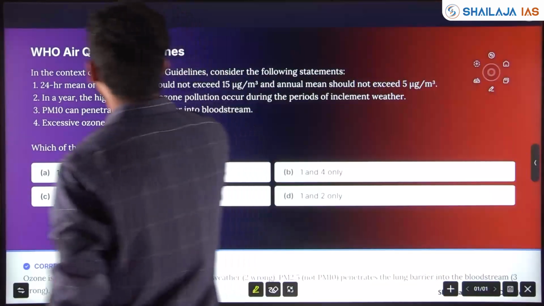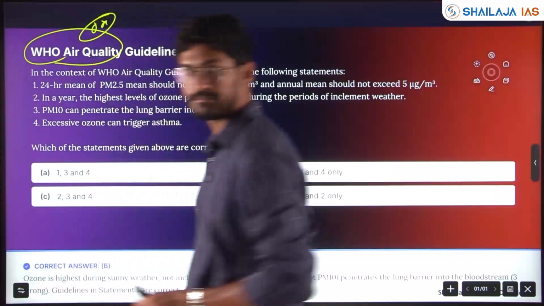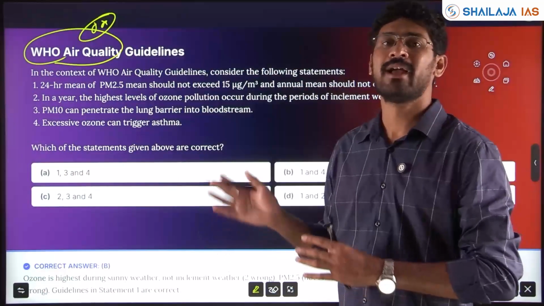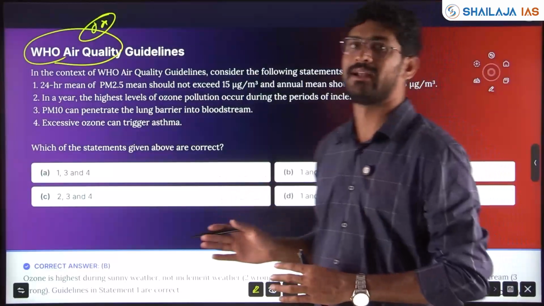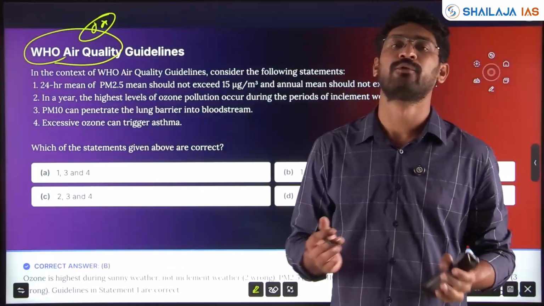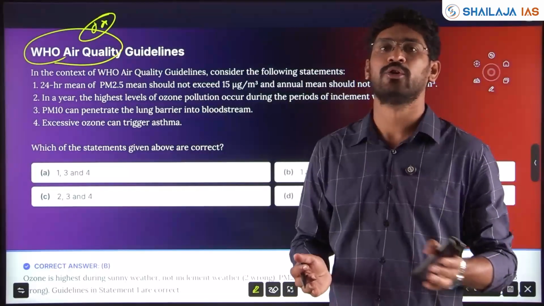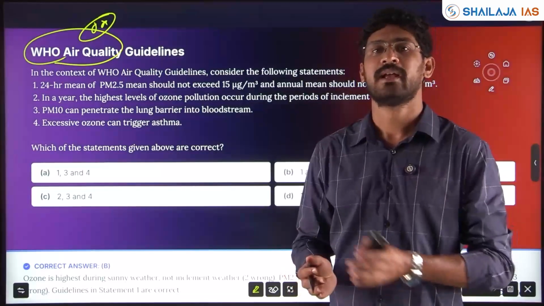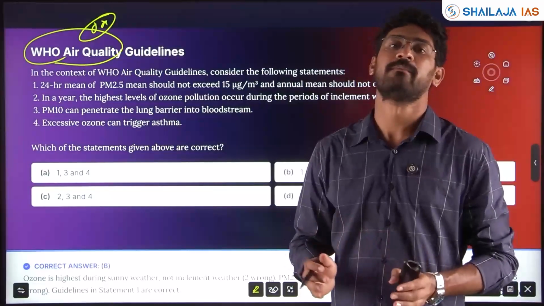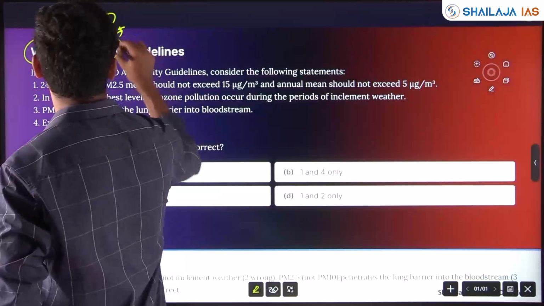Next, WHO air quality guidelines, asked in 2022. Okay, here you need to have knowledge with respect to air quality. All the concepts with respect to air quality, how you measure, what are the standards in India, right? All the yellow, green, orange, red, how much ppm of air quality pollution, all that you need to know.